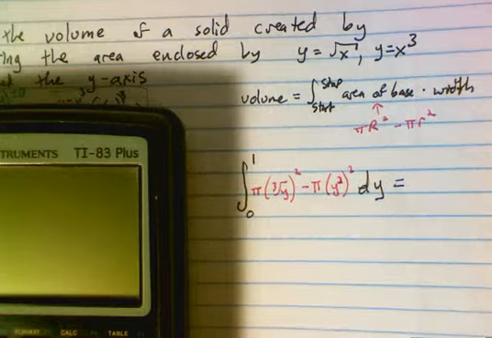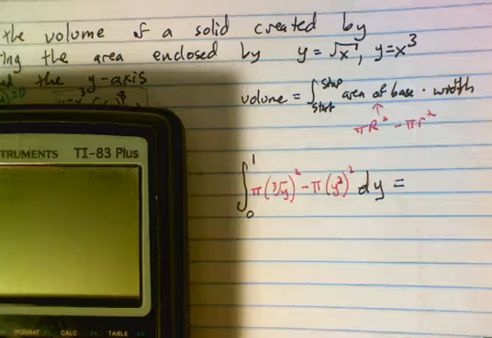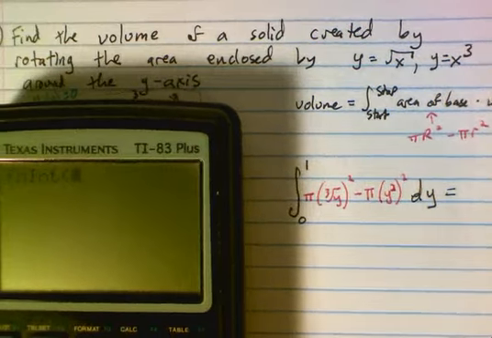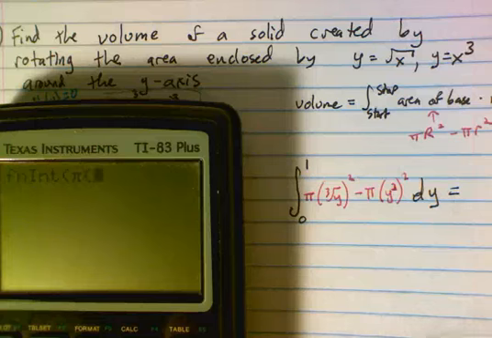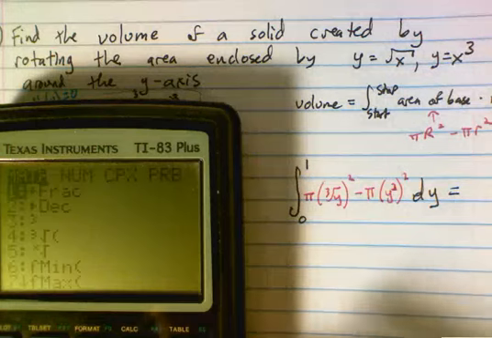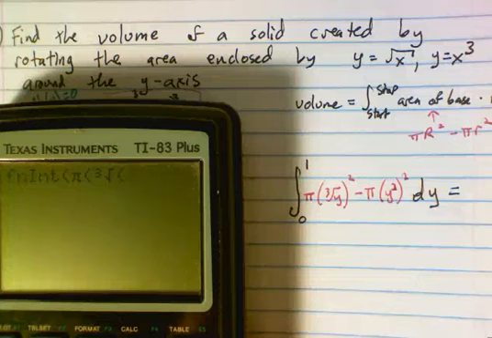Fun with calculator. Pi. If you go to math and then 4, it's going to give you the cubed root, alpha y. Make sure that you do another parenthesis and you square that whole thing.